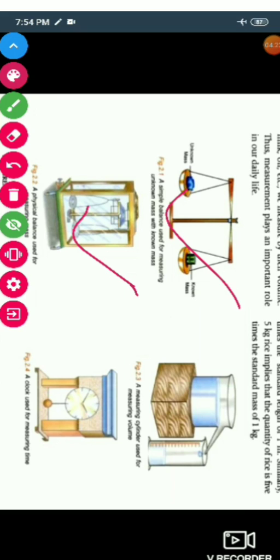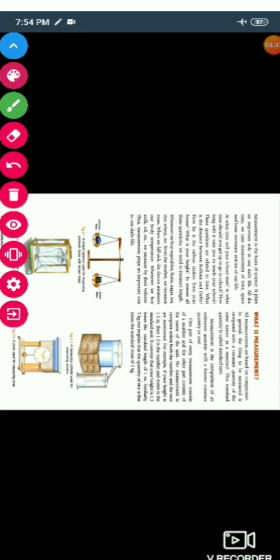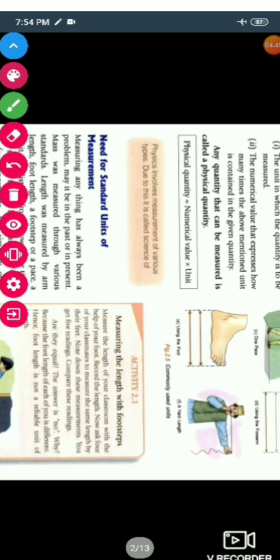It is covered on all sides so that even air can't go inside, and the result is accurate. This is a cylindrical tube which we use to measure the volume of any liquid. Now this is a clock. You all know the clock is used to measure time.